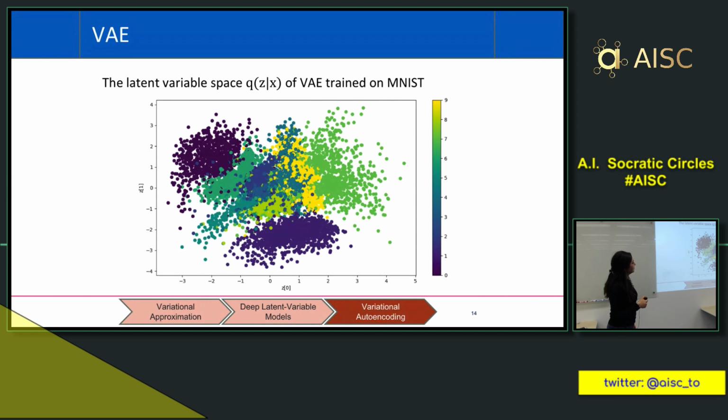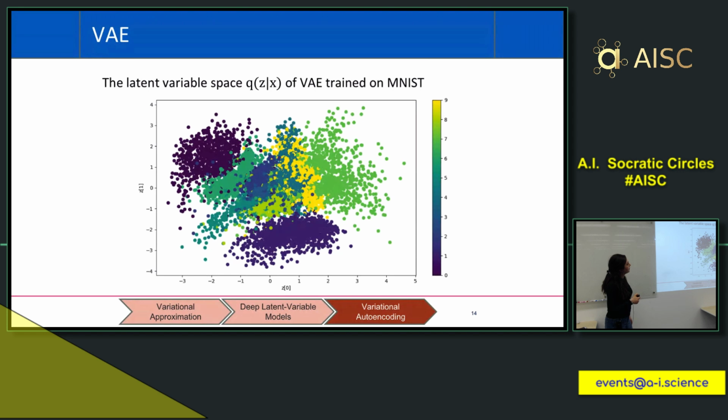Each cluster represents one digit, and you can see that the latent representation is quite smooth, with smooth transitions. This smooth transition results in gradually morphing digits, which I'll show in the next slide.